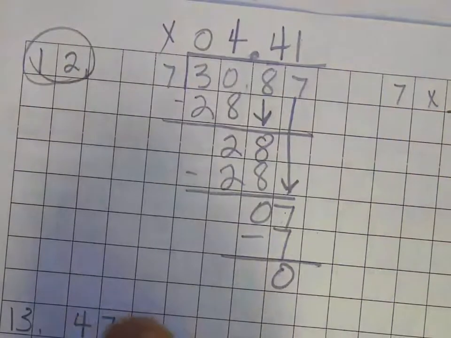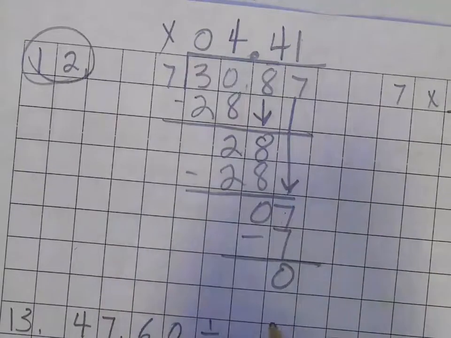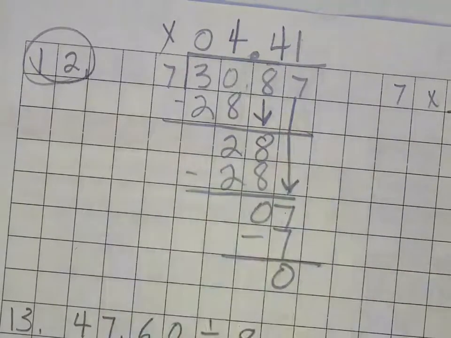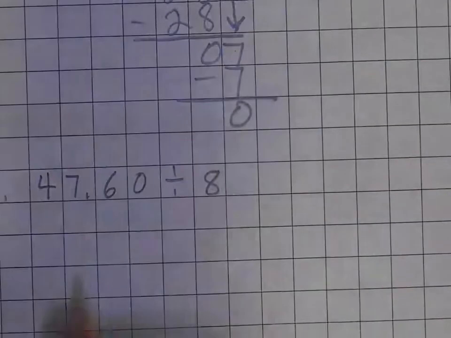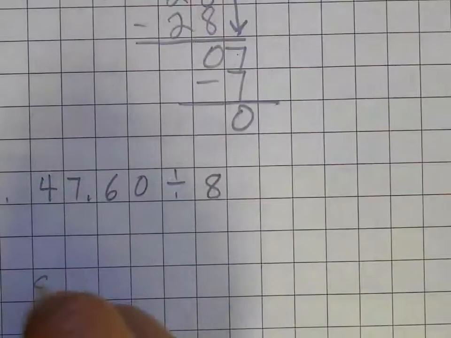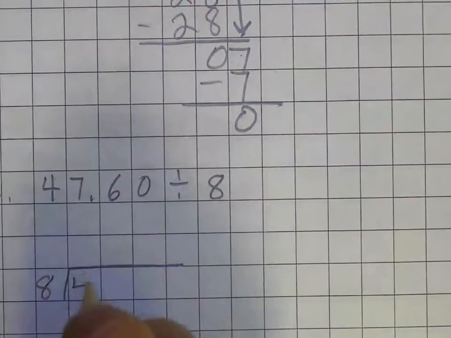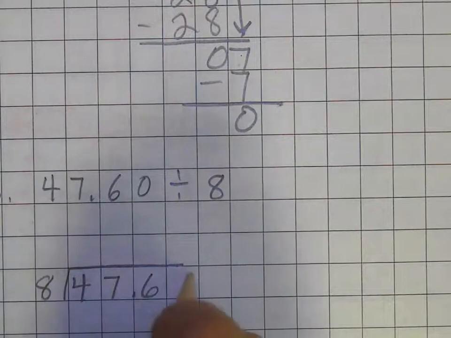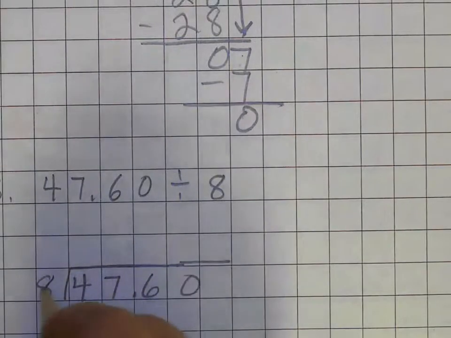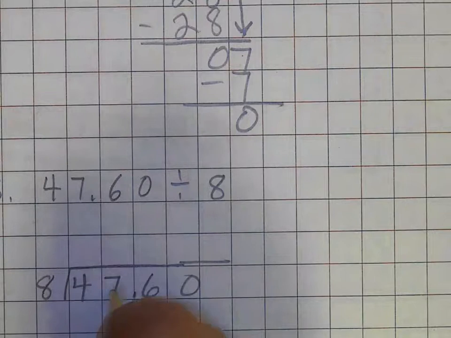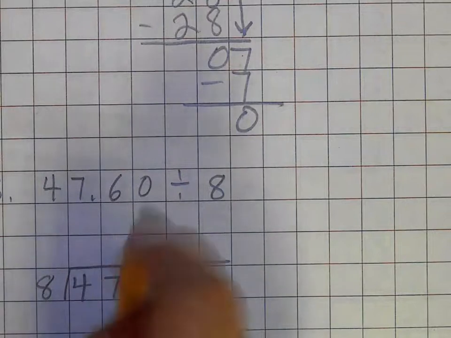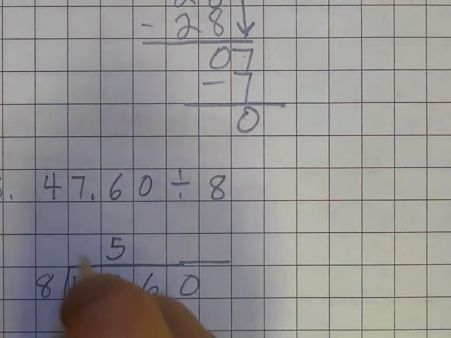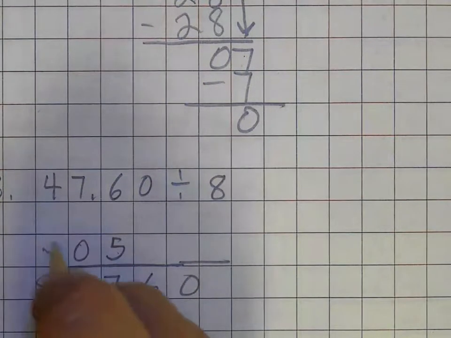Okay, so now I have 13, and you said it was going to be $47.60. Divide that by 8 people, not 7. Remember, you forgot to include Abby if you put 7. So 8 goes into $47.60. 8 times what will get me to 47 close? Not 6, because 8 times 6 is 48, so it'll be 5. So this is 0.